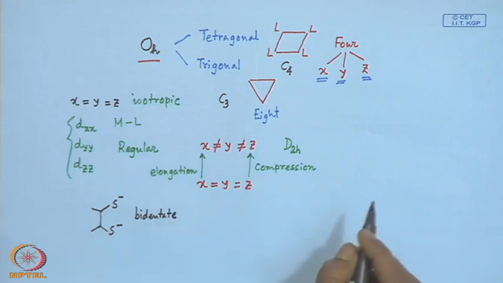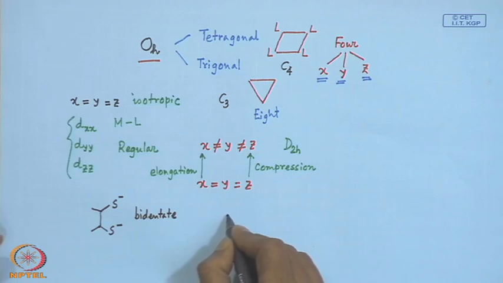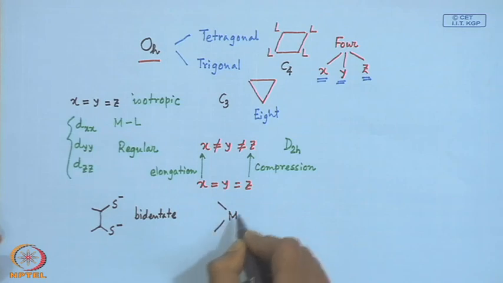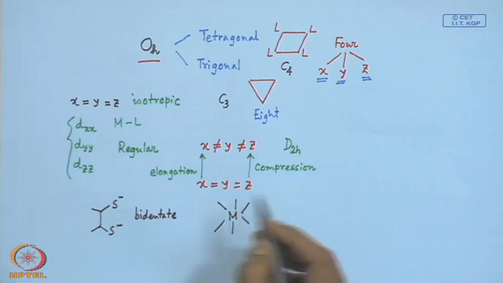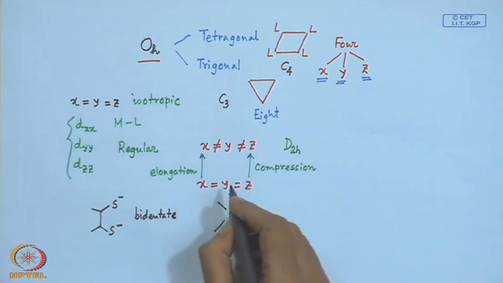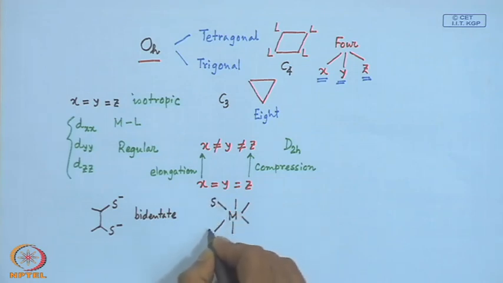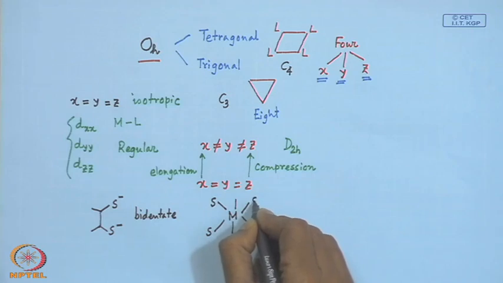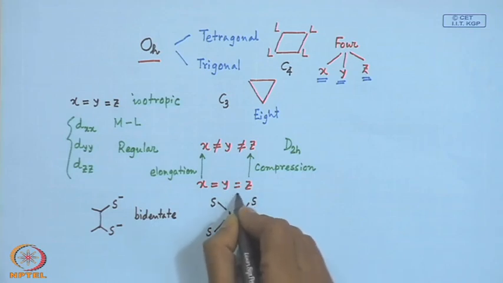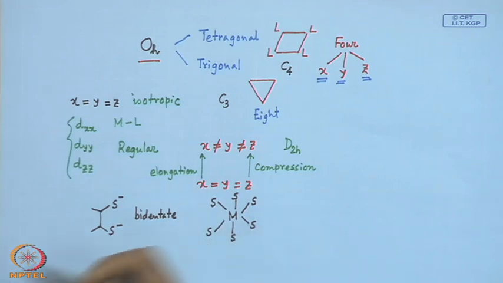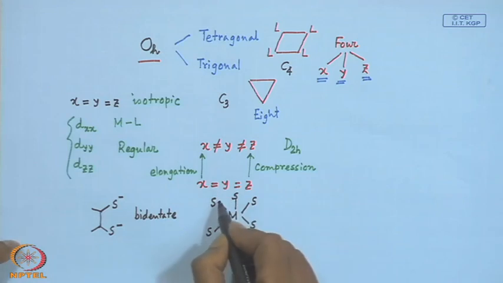And when this bidentate ligand is bound to the metal center, we get it in this form, where we find that this sulfur is there and this sulfur is there, this is there. So, if we just consider the top plane, so the top plane is like this.